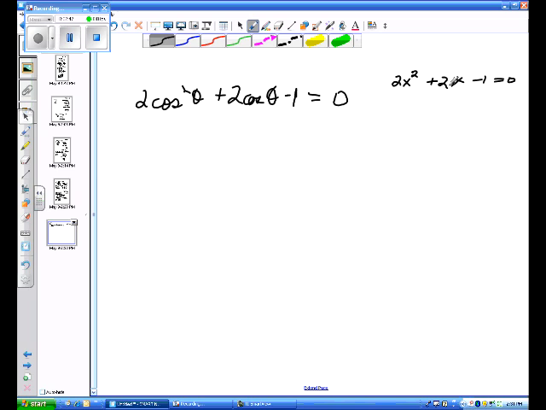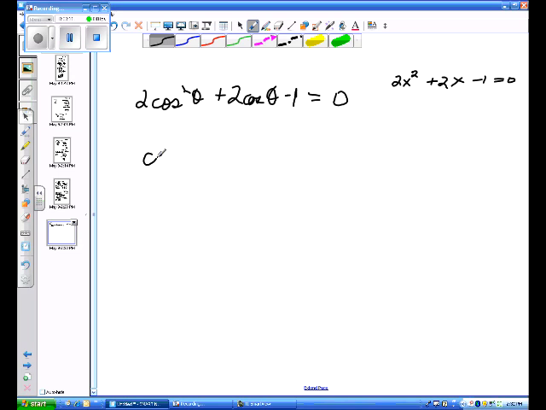I saw that it was exactly like what I did in algebra, and so it wasn't nearly as intimidating. But we might want to check: 2 times 1 is 2. There are no factors of 2 that subtract to be 2. So we can't factor this. So we have to use the quadratic formula.